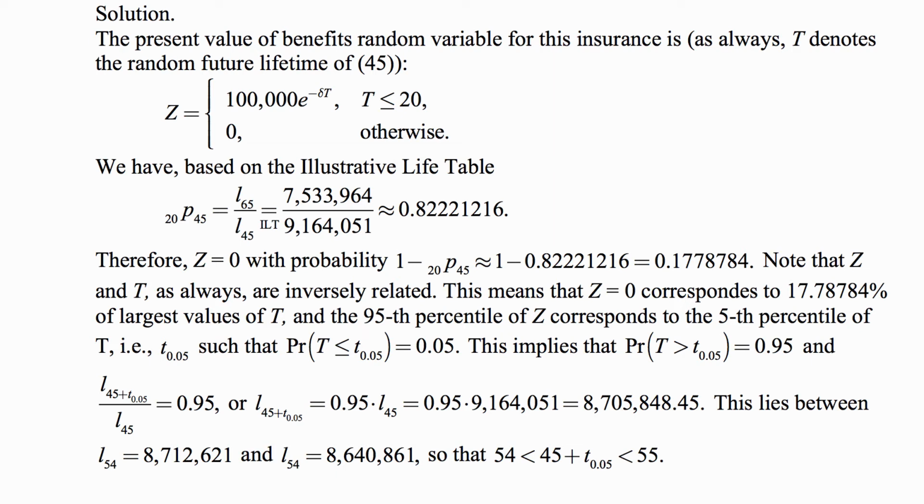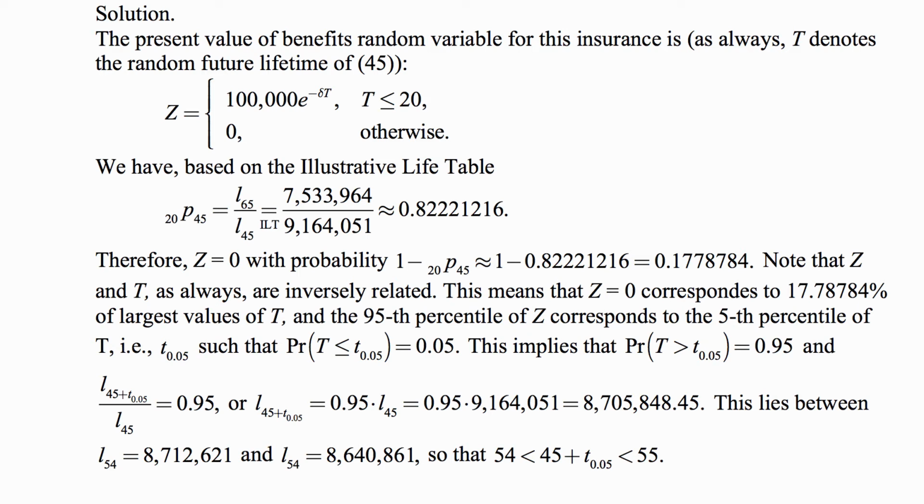Now Z and T for life insurance are inversely related. This means that Z equals 0 corresponds to about 17.79% of largest values of T, and Z equals 0, by the way, is the smallest value of Z. Other values are positive.